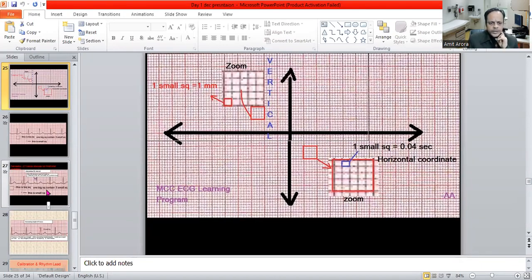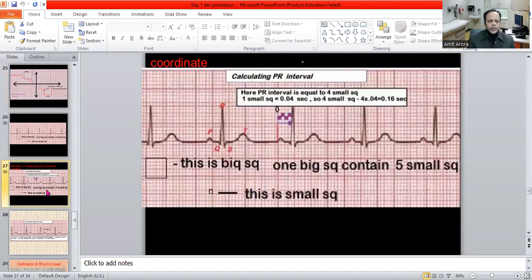So let us now understand how to calculate the intervals. Very easy, nothing complicated. Today I am going to give you an idea, and during the practice session you will become expert in this. Suppose we have to calculate the PR interval. First of all, you must know that the PR interval starts from the beginning of the P wave to the R wave, not from here.